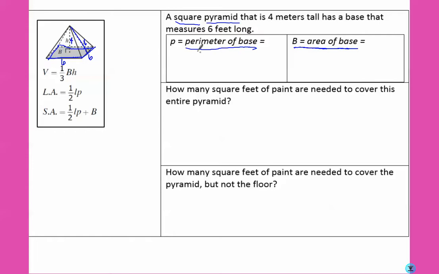All the sides are 6. So for the perimeter of the base, we have 4 sides that are 6 feet long. That adds up to 24 feet. And actually, I just realized there's a typo. This should say 4 feet tall, not 4 meters tall.